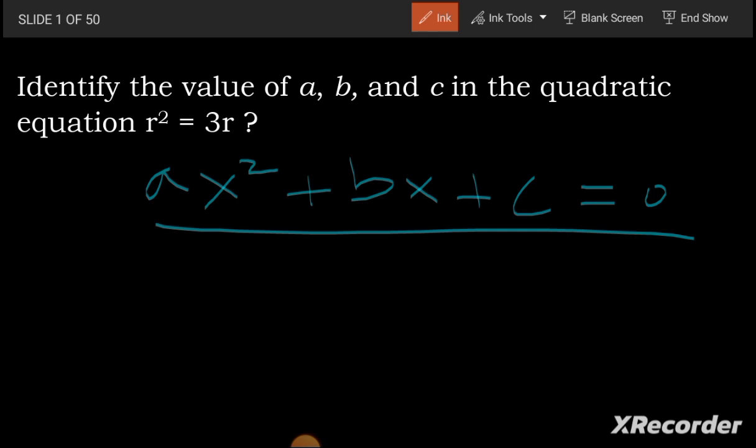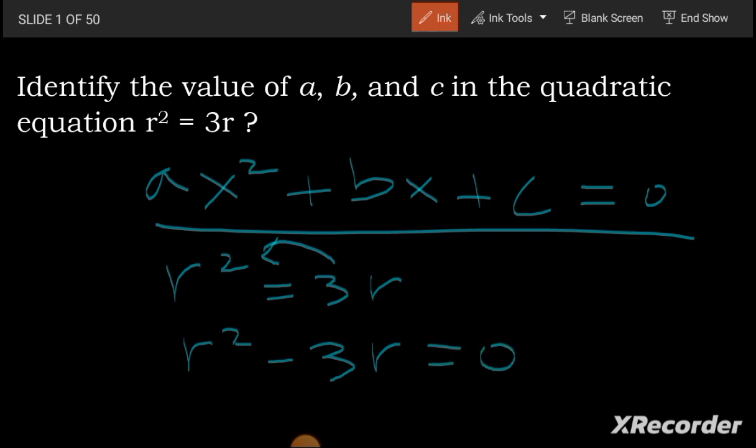So from r squared equals 3r, make sure that the right side becomes 0. So we have to transpose 3r to the left side of the equation. So r squared minus 3r, and the right side is equal to 0.